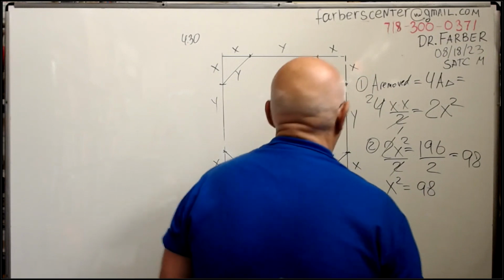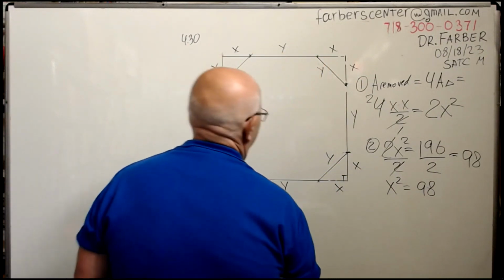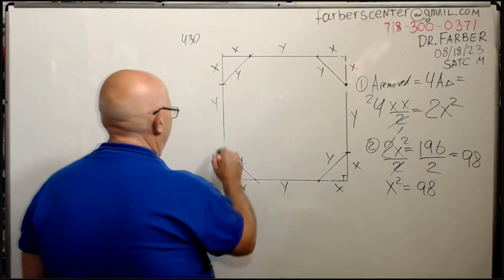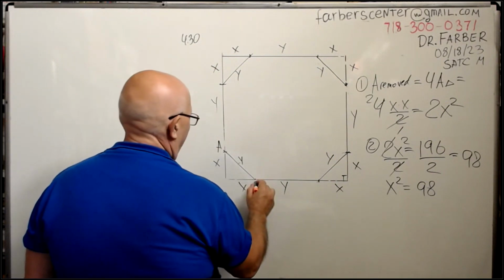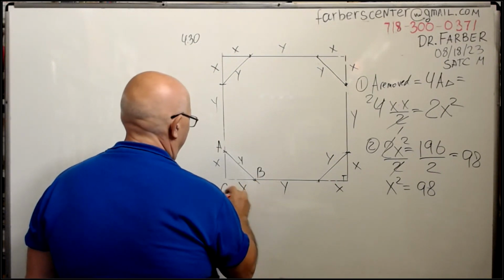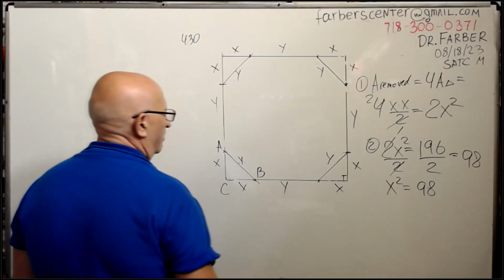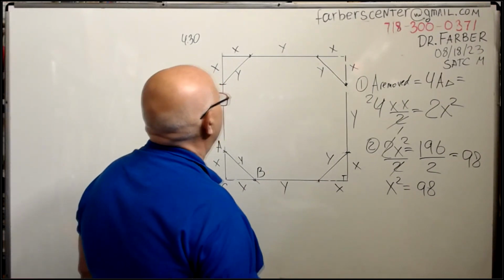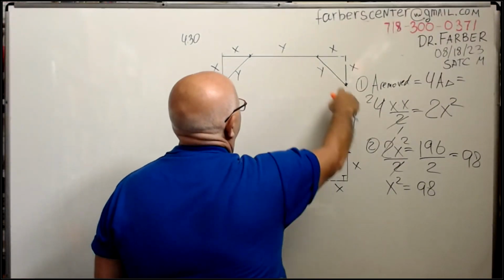But look at this. If I choose any triangle, let's say A, B, and C, to find the perimeter I have to find y, right?